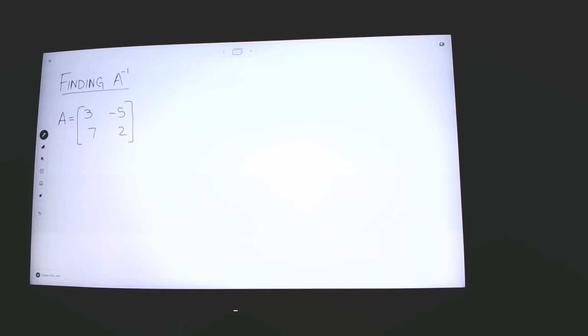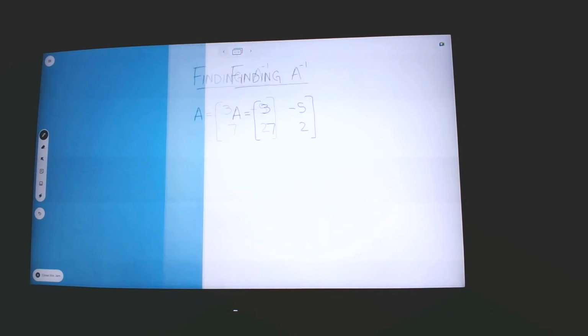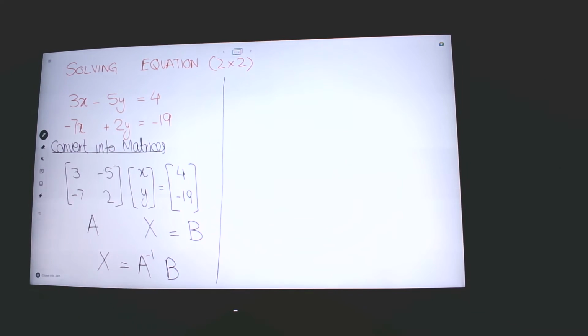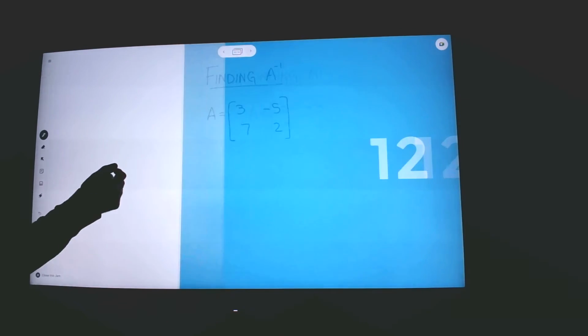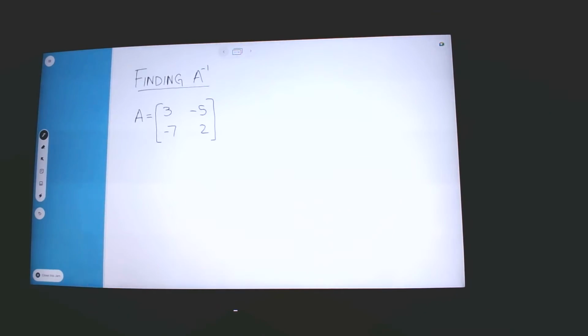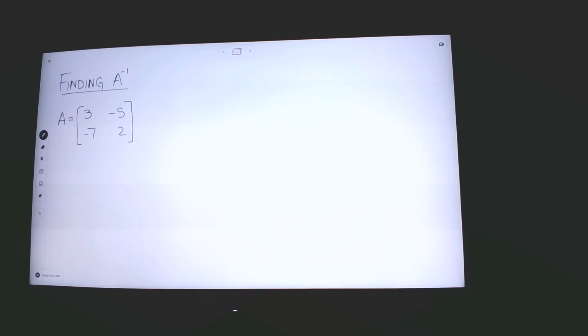Okay, now we got a matrix 3, minus 5, minus 7, 2. I need to find the A inverse of this matrix, and you know the formula for the A inverse.